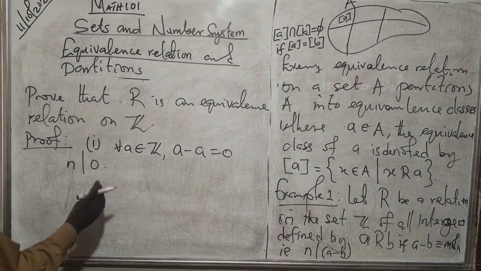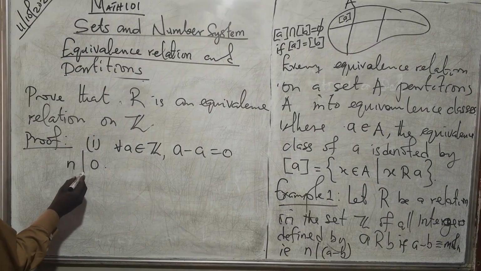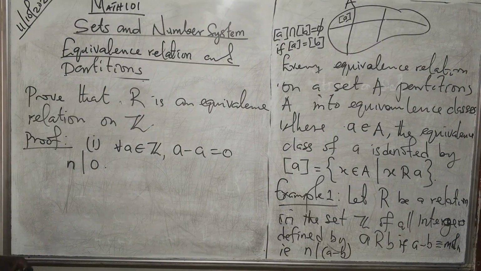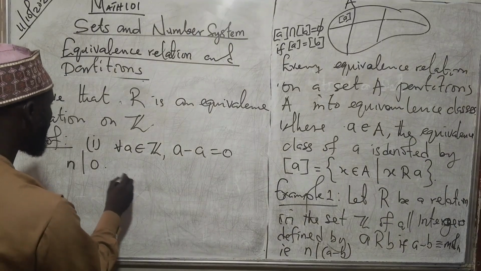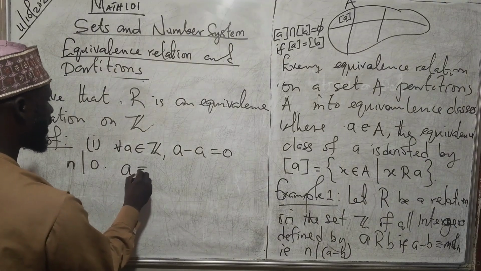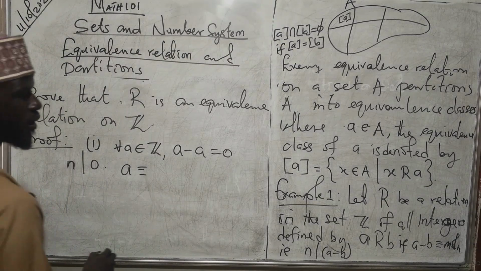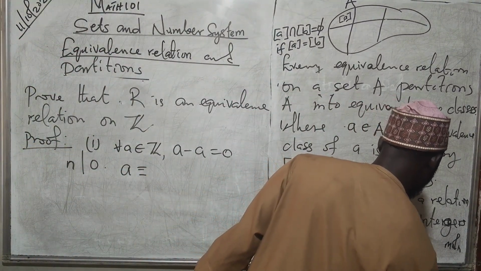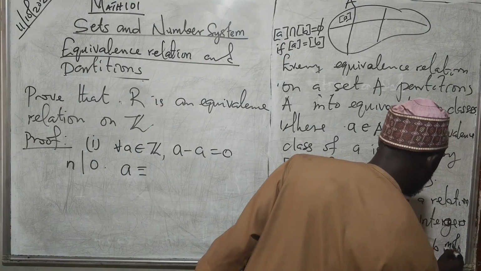Fix any integer n, then 0 is divisible by that integer n. So we write this as A is congruent to A modulo n.